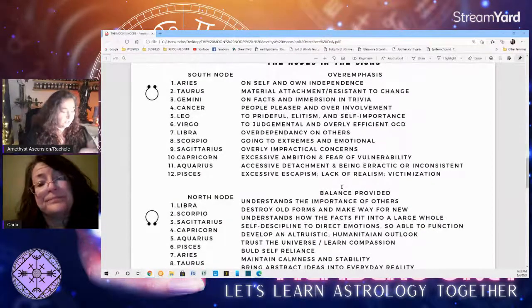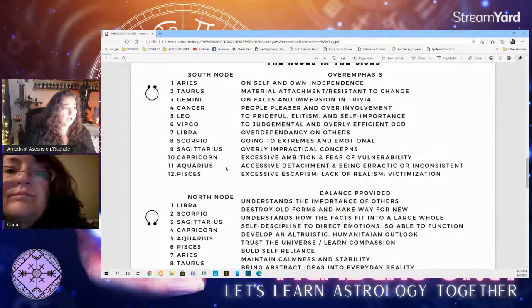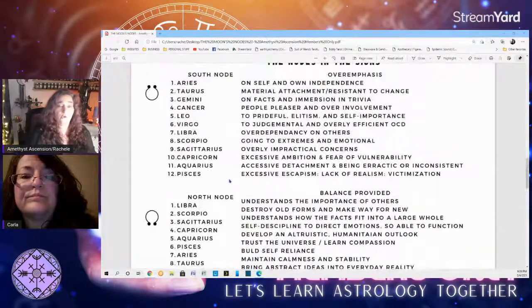Okay. And so for me, it did make sense, but mine was in Aquarius. No, the other one would have been Leo, right? My south node was in Leo and my north node was in Aquarius.